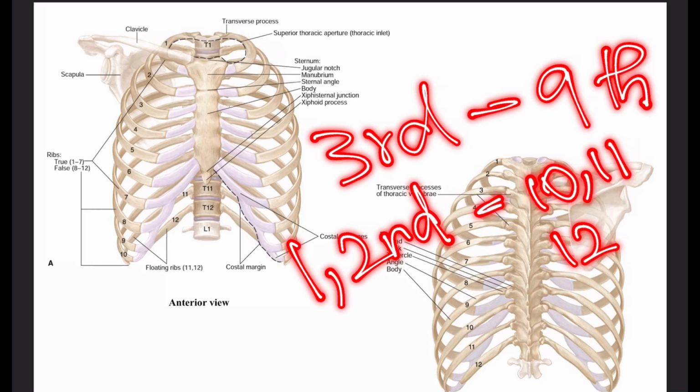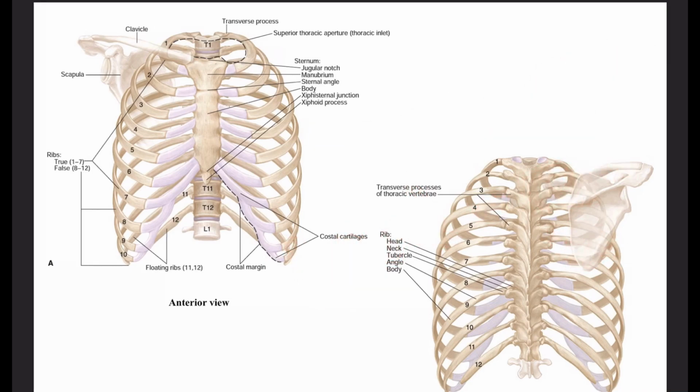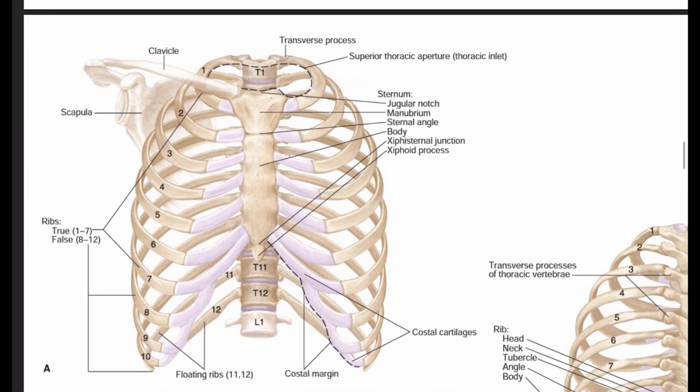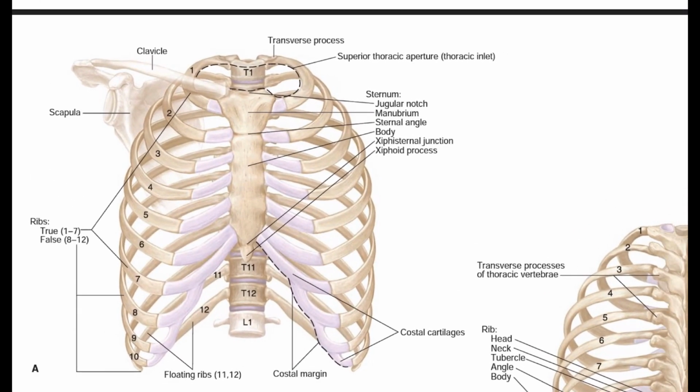According to the relation with the sternum, the ribs are classified into true ribs and false ribs. Why are they called true ribs and false ribs? The 1st to 7th ribs, the upper 7 ribs, are known as true ribs.